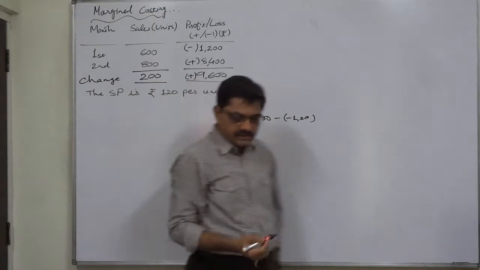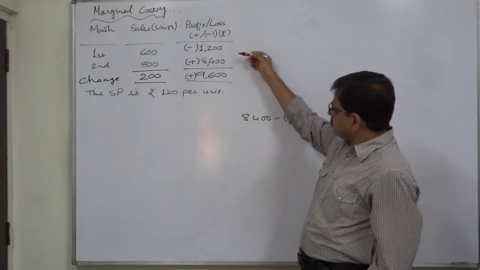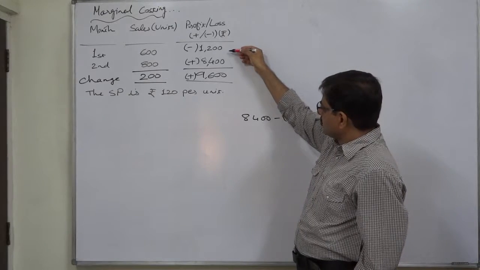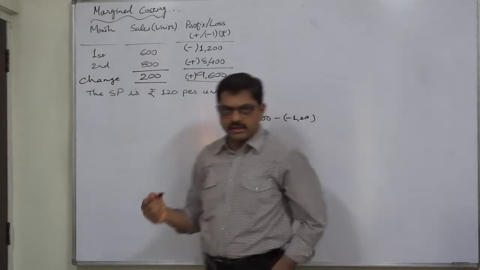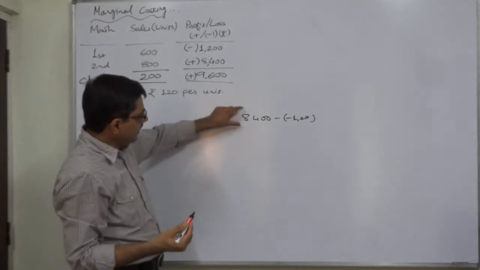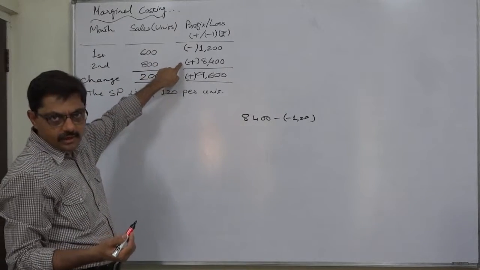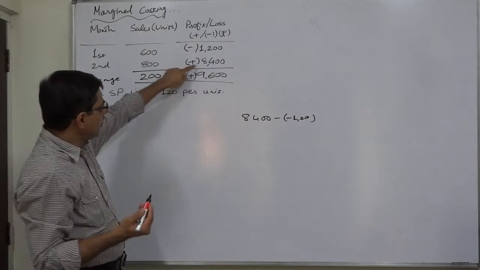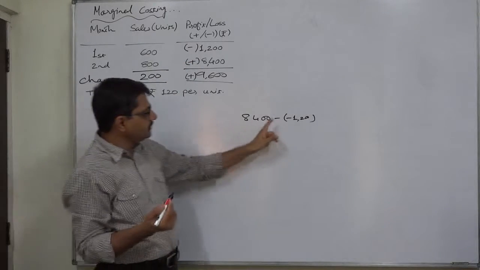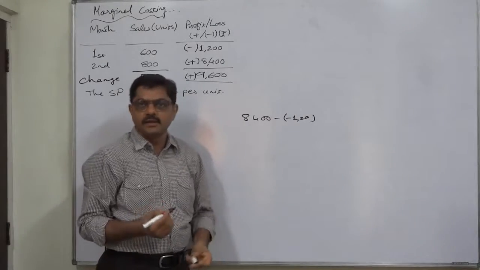Positive, that is increase. Mind well, I have come across many answer sheets in which the students make the mistake of subtracting 1200 from 8400. But the formula of change is higher minus lower, so it will be 8400 minus 1200.